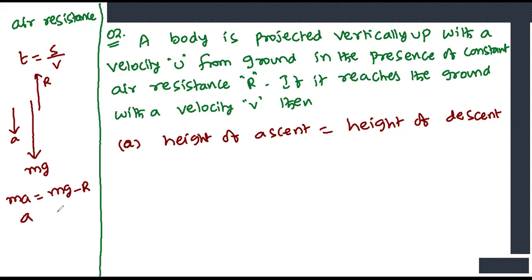So acceleration equal to mg minus r by m. This time I can also write as v by a, that is acceleration equal to velocity by time.